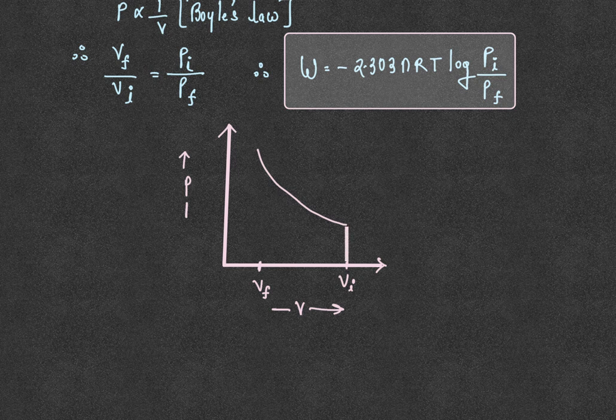Your graph goes like this. Clear? This is like your VI to VF. Pressure keeps on increasing because you're doing compression. All okay? And this is the external pressure that finally you arrive at.